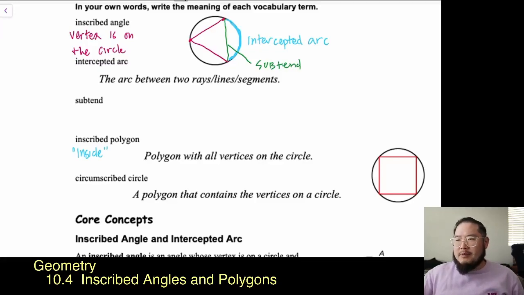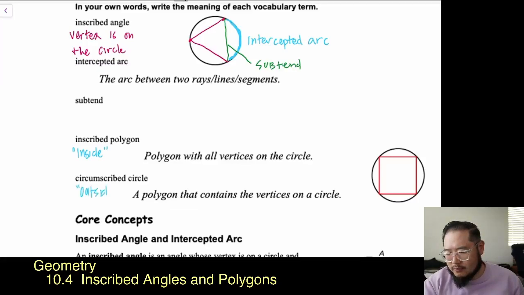But with this same diagram, I could also define it differently. I could say that we have a circumscribed circle around the polygon. Remember, if you think about circumference, it's the distance around the outside. So for circumscribed, think outside. The circle is outside of the polygon.